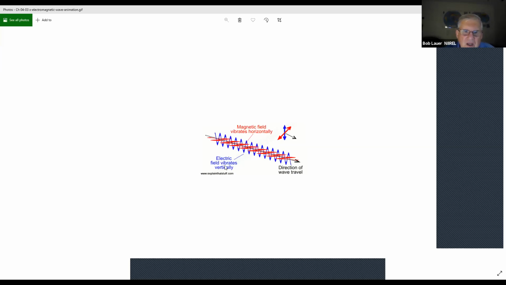In this case, the electrical field is the blue sine wave, and it is vertical.